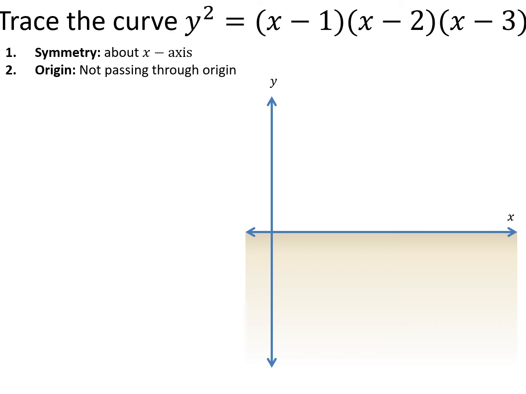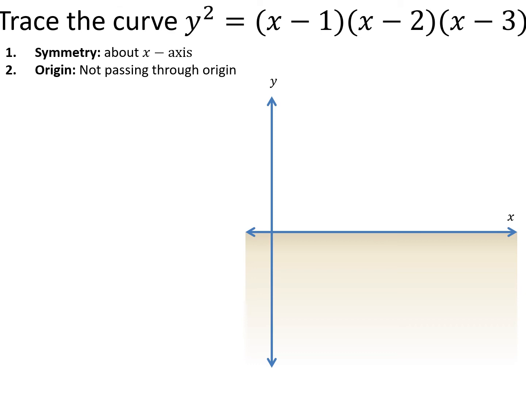Okay, now come to the second rule, that is origin. So we have to check here whether the curve is passing through the origin or not. So we have to put here x equal to 0 and y equal to 0. So if we put y equal to 0, then the left hand side is 0.